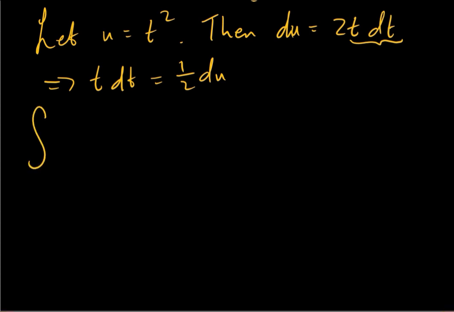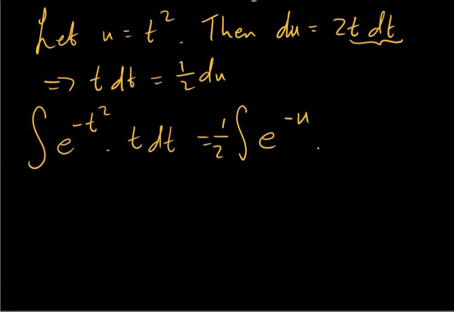So our integral of e to the minus t squared times t dt becomes the integral of e to the power minus u times, and then the t dt is just a half du. So I'm just moving the half out of the integral, and then this is just the integral of the exponential, Euler's number.